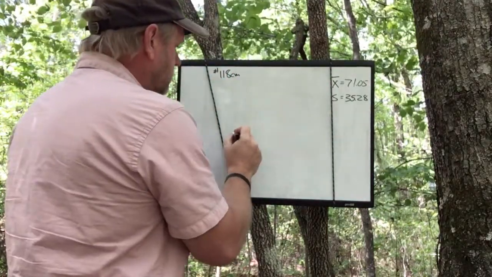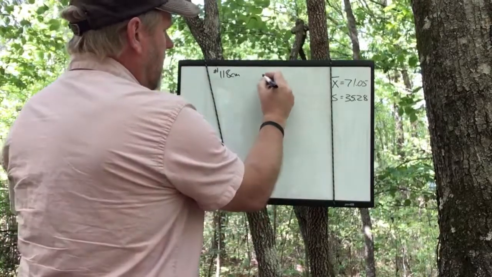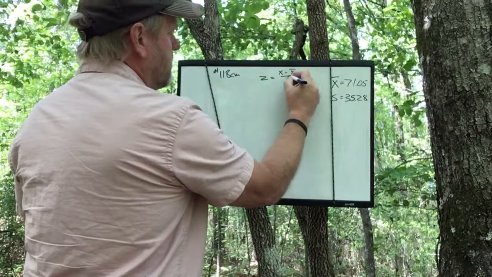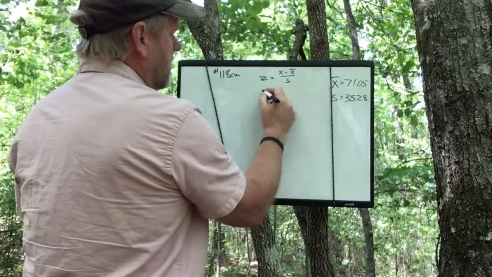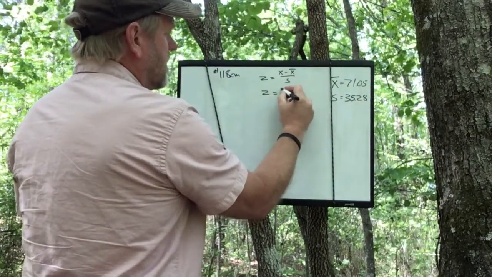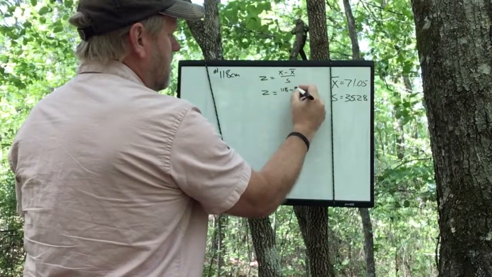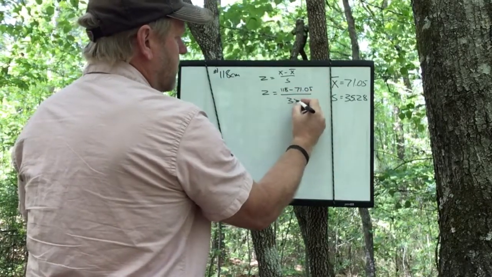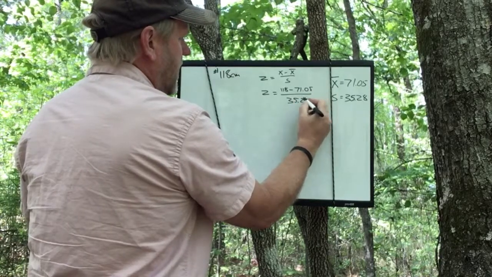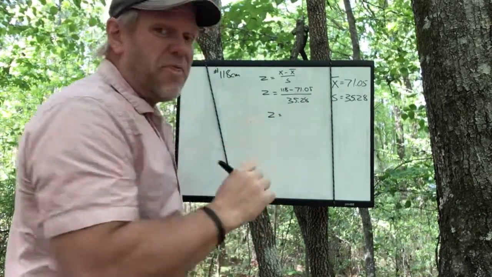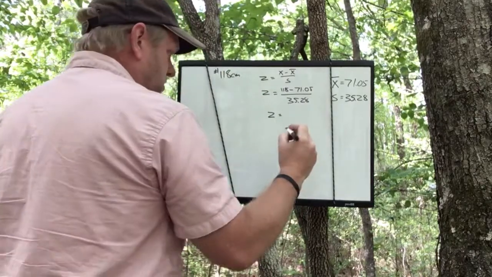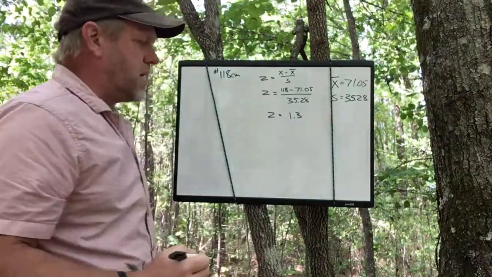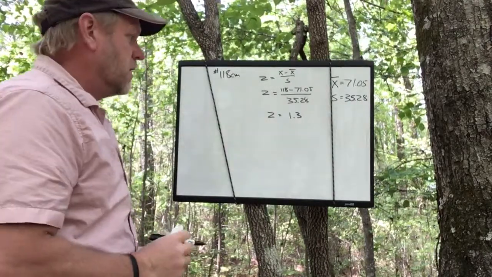If I run my formula, z equals x minus x bar over the standard deviation, that would be the same as z equals 118 minus 71.05 divided by 35.28. I've already done the math on this, and what the math shows me is that my z-score is 1.3. What does that mean?